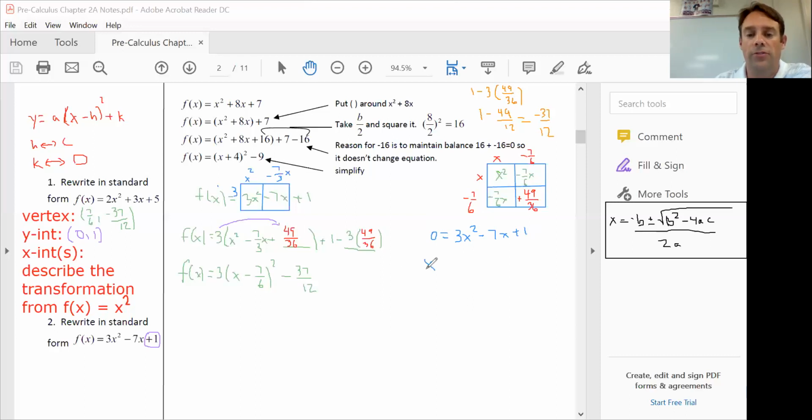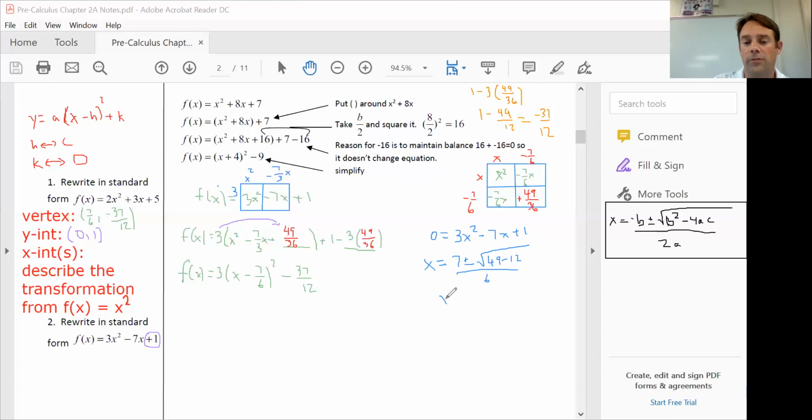All right, x equals a negative b, so positive 7 plus or minus the square root of b squared minus 4ac. 49 minus 4 times 3 times 1, which is 12, all over 2a.